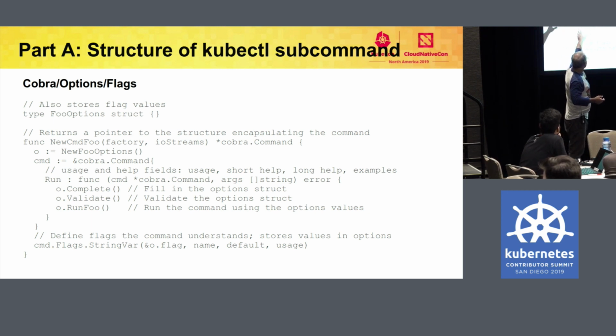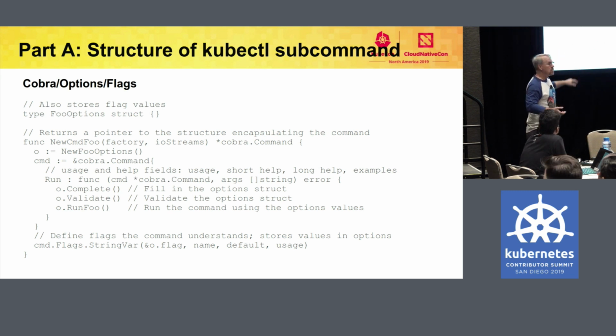I've left out, just for space reasons, all of the usage variables that are part of this Cobra command. There's going to be a short description of the command, some examples of the command, and a long help for the command. And then we get to the most important part, which is run. When you run your Cobra command, in almost every single one of these Cobra subcommands, we have 3 parts that we call.